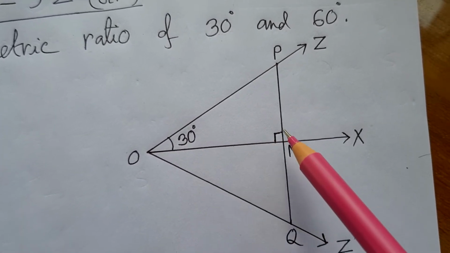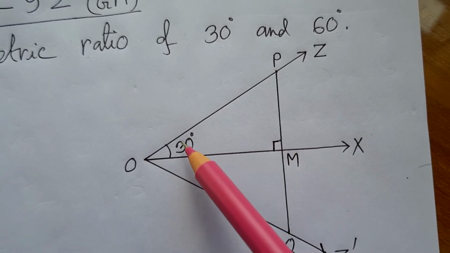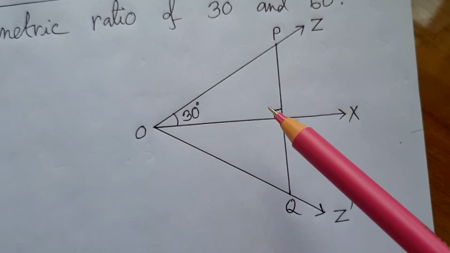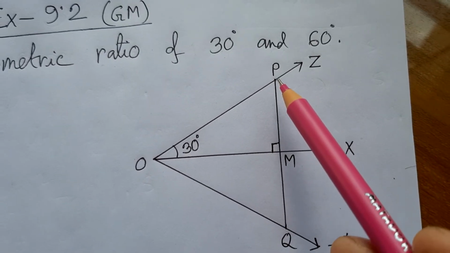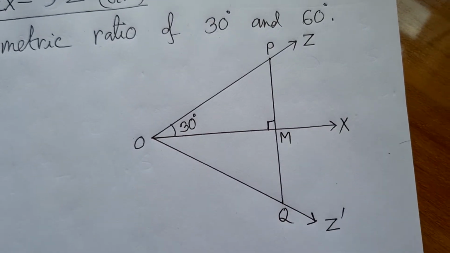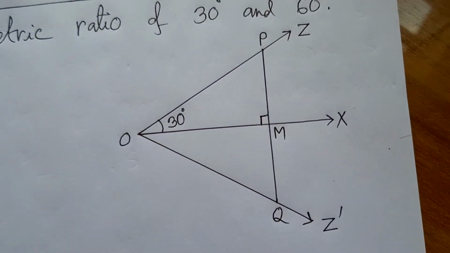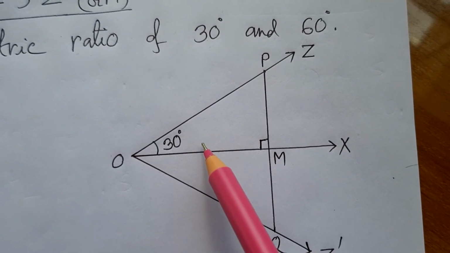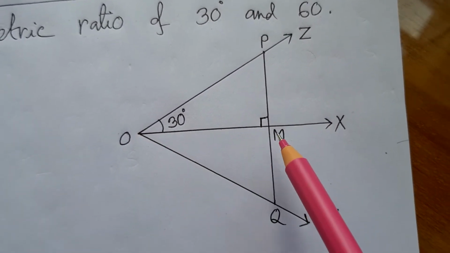And again you can see that this angle is 90 degree and this angle is 30 degree, so this angle is 60 degree. So finally we will be able to prove that triangle POQ is an equilateral triangle. So our target is to prove these two angles, angle POM and angle MOQ, are equal.